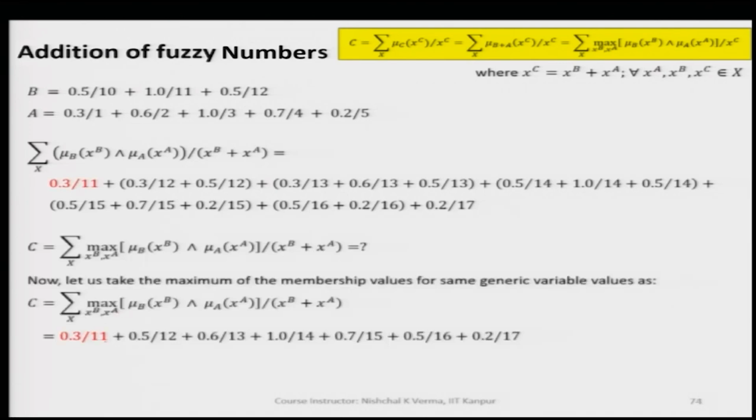So, this is after taking the max. It comes out to be 0.3 oblique 11 plus 0.5 oblique 12 plus 0.6 oblique 13 plus 1.0 oblique 14 plus 0.7 oblique 15 plus 0.5 oblique 16 plus 0.2 oblique 17. So, this is how we get the resultant fuzzy set.